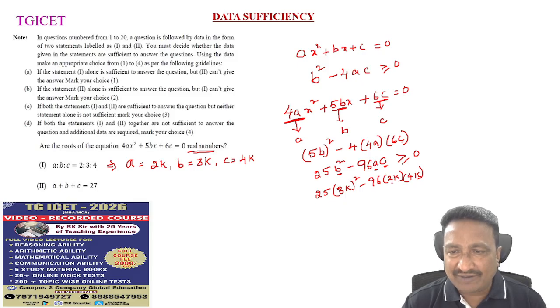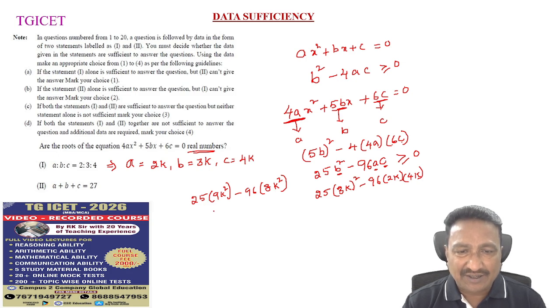We have to show that this entire value must be greater than or equal to 0, or less than or equal to 0. 25 into 3k whole square is 225k square, minus 96 into 2k into 4k, which is 8k square. Now 96 times 8 is 768, so 768k square.